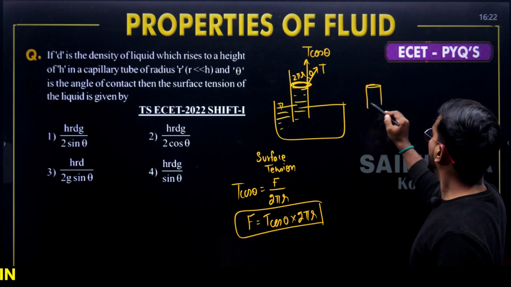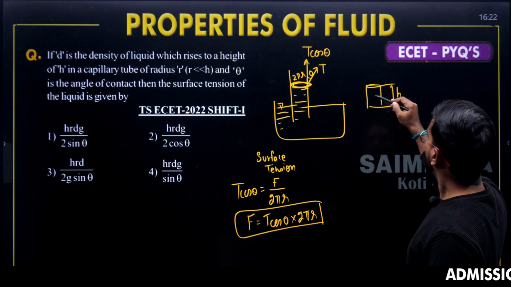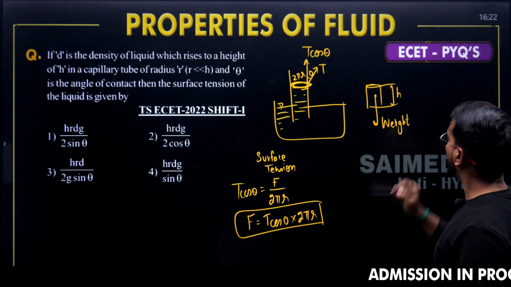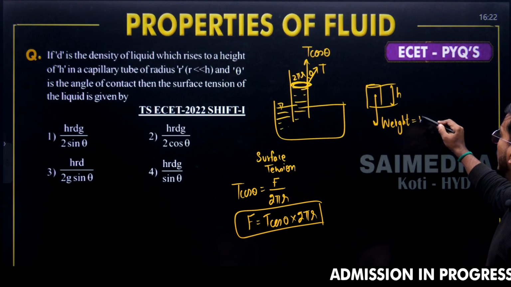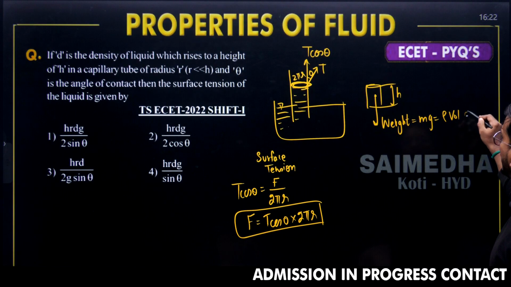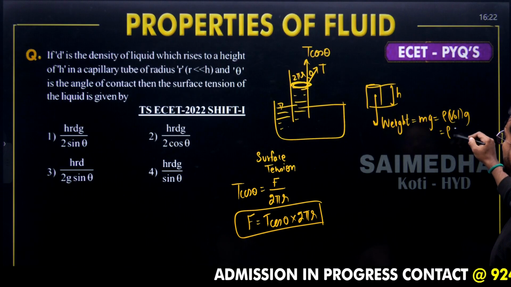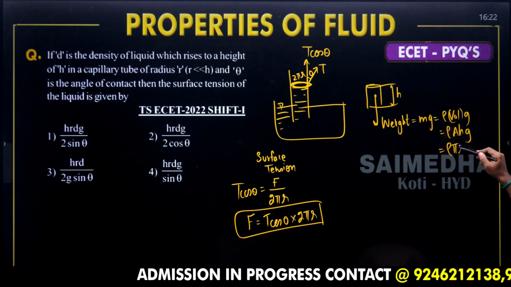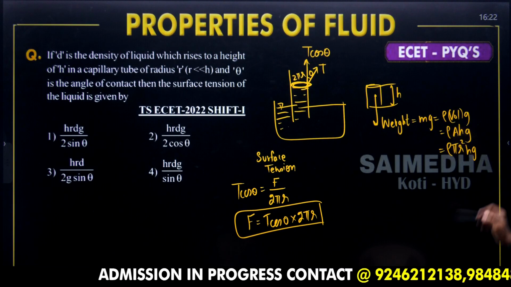It is maintaining a particular height against the direction of gravity. So the vertical downward force is what now? Weight. Weight formula is mg, mass into gravity, density into volume into gravity, density into area into height into gravity. Density area formula pi r square h into g.